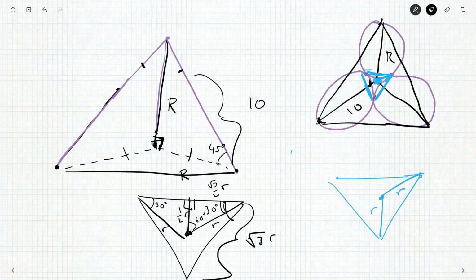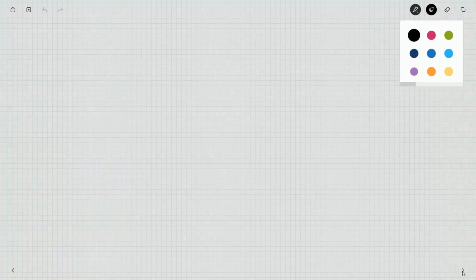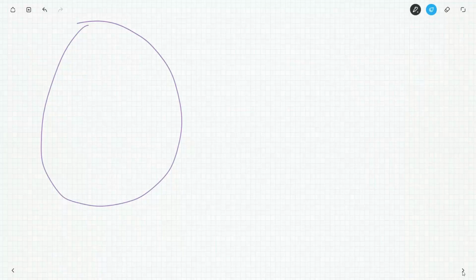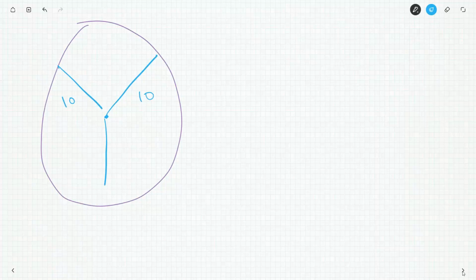So what have we got on our circle? If I just look at the face of a circle, head-on, we'll get tens, and then a 10 down here. But now this is root 3 times the R that I want.